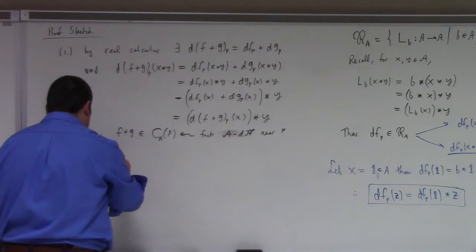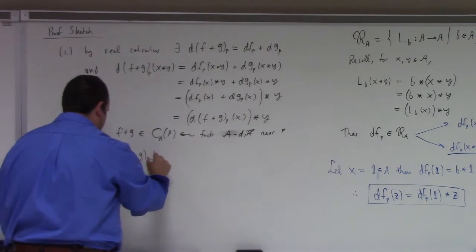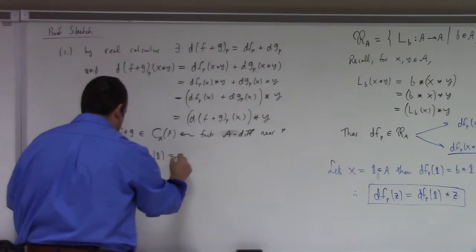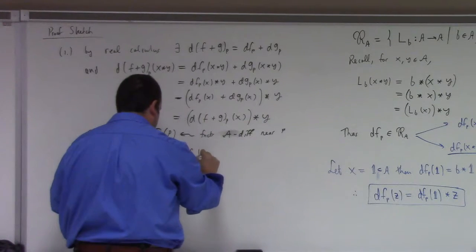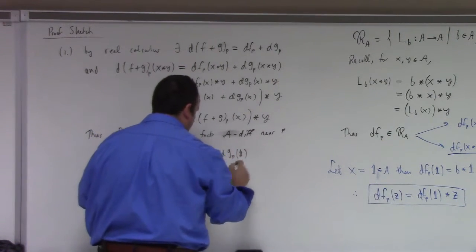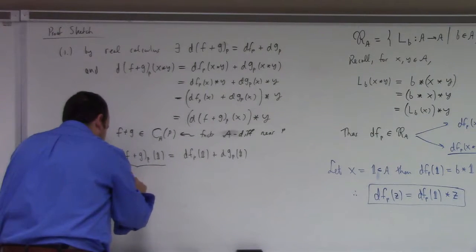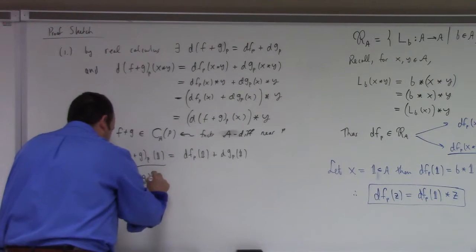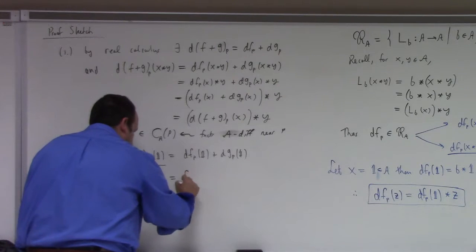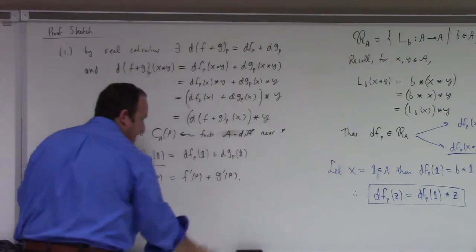Well, check it out. So d of F plus G at P of 1 is equal to dFP of 1 plus dGP of 1. And this, by definition, is F plus G prime of P. And this is F prime of P, and that is G prime of P.